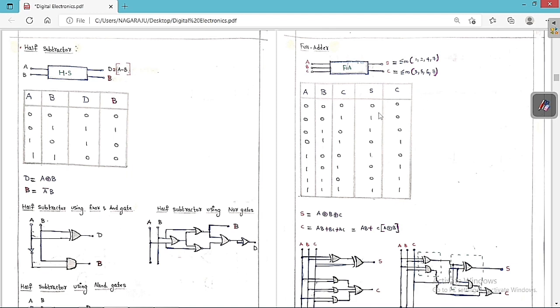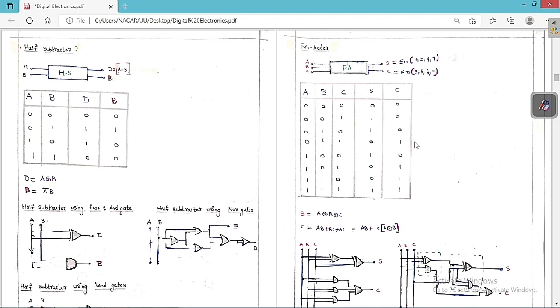You can see clearly this is m0, m1, m2, m3, m4, m5, m6 and m7. You have to choose only those numbers where we are going to get 1, which is 1, 2, 4 and 7, like m1, m2, m4 and m7. These corresponding terms you are going to get as 1 terms. So only those things we will take and add here.